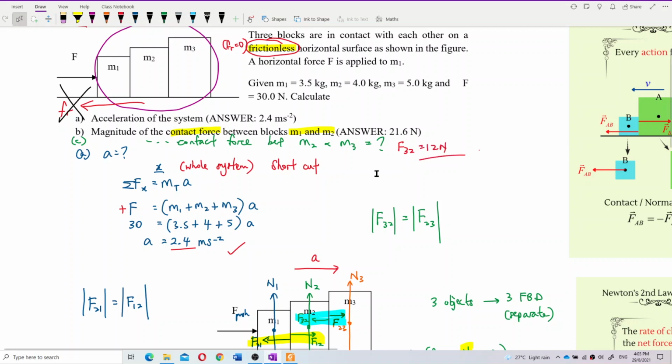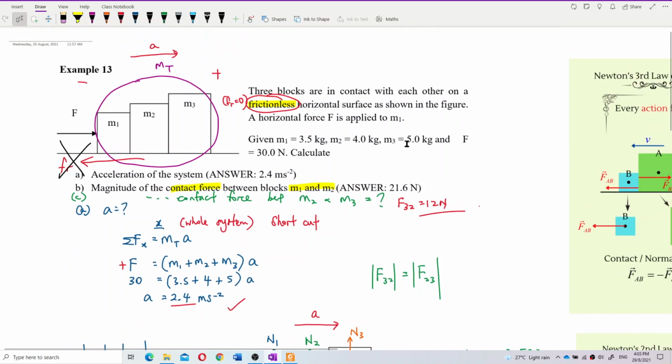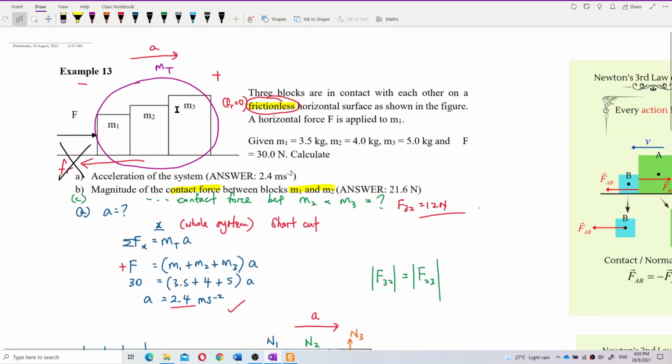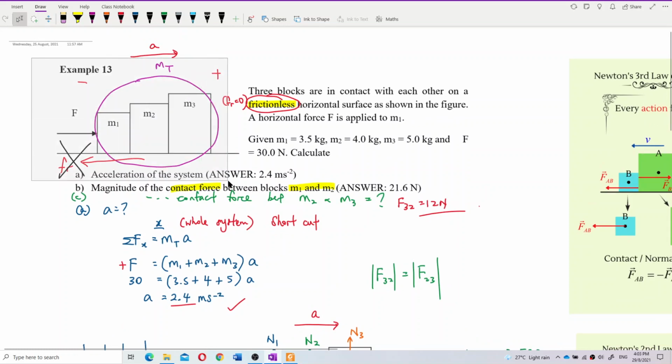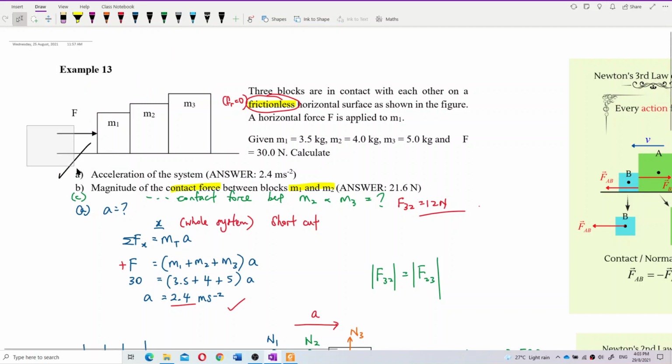It's less than the 21.6 before. Do you see that? Do you see the patterns? I want you to see the patterns actually. Just now, the pushing force is 30 Newton.